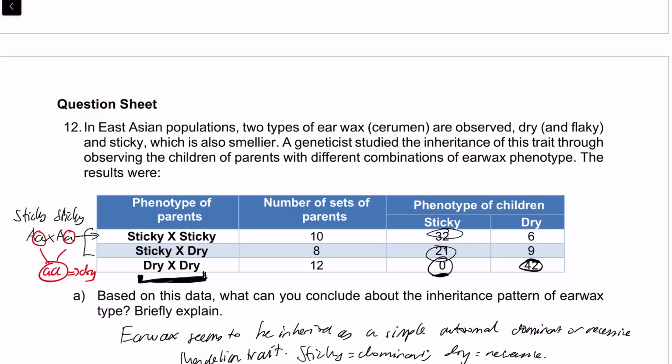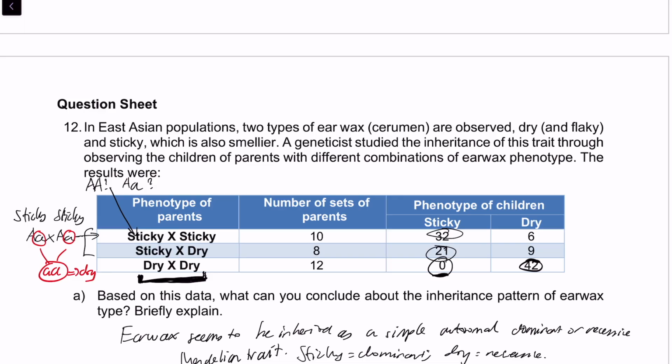Okay, so from a phenotypic sticky earwax individual, we cannot determine whether they are homozygous dominant or heterozygous. Okay, we don't know, but what matters is that there's a possibility of that happening, and therefore we can determine which one's going to be the dominant and which one's going to be the recessive phenotype.